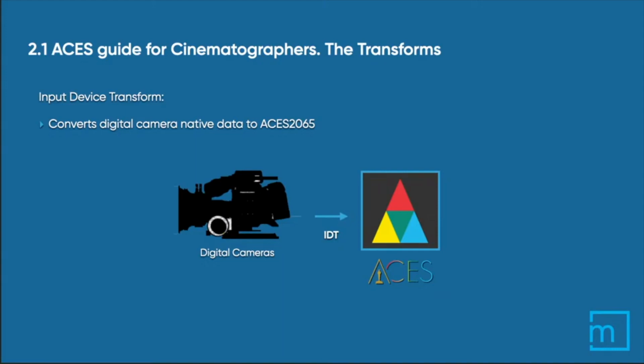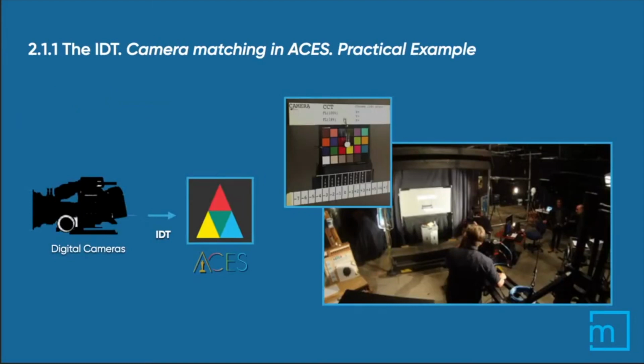It will retain the latitude, noise characteristics, texture, etc. So it keeps the sensor as it is. It only standardizes the colors and how the light has been encoded. So it puts all the cameras in a very close ballpark. And we're going to move into another practical example.